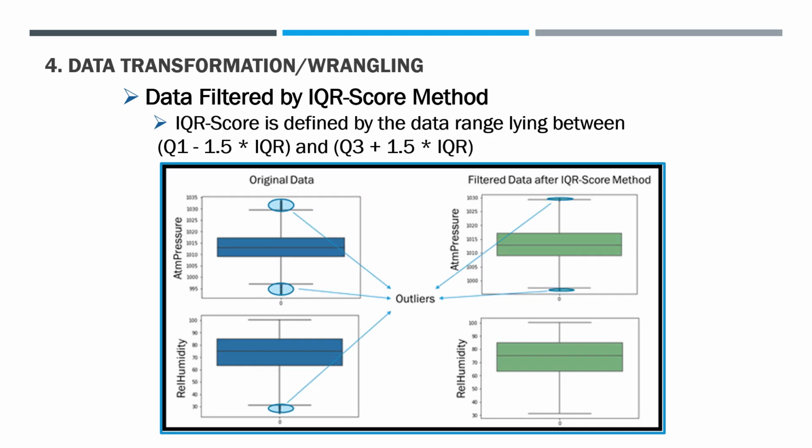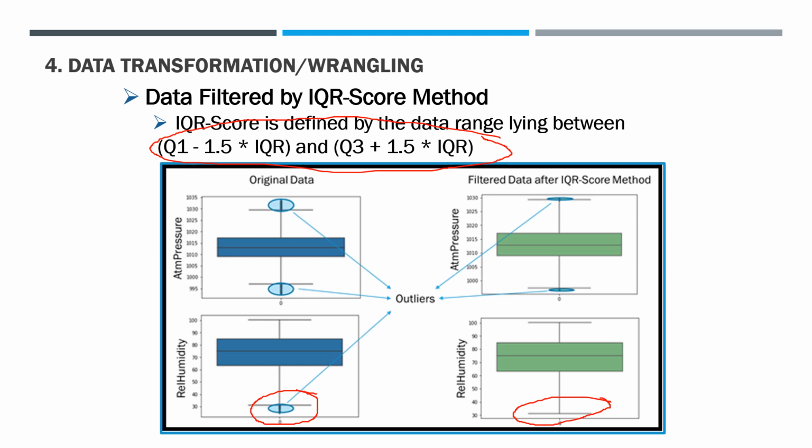The second method that was used to remove the outliers from the data was the IQR score method, or interquartile range score method, and that range is defined by this formula where Q1 and Q3 represent first and third quartiles respectively. And you can see that for relative humidity, the IQR score method removed all the outliers.